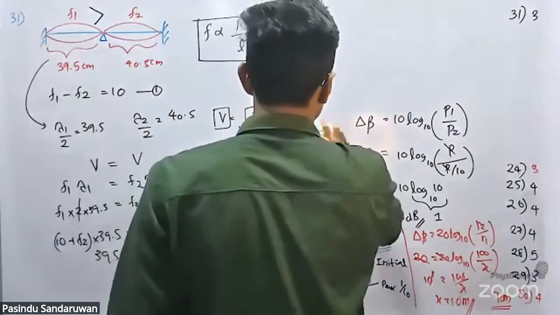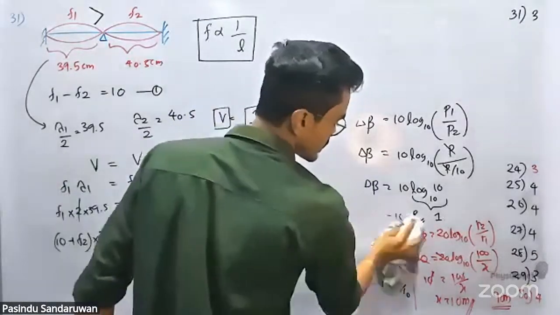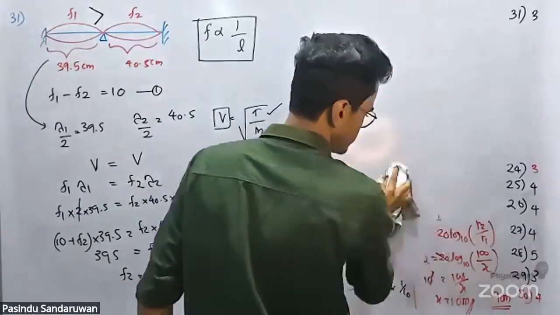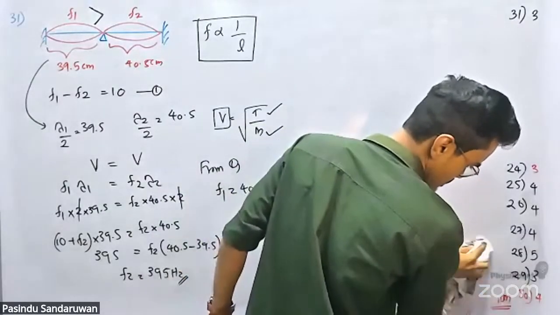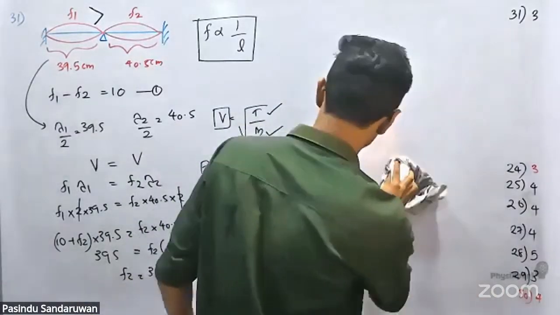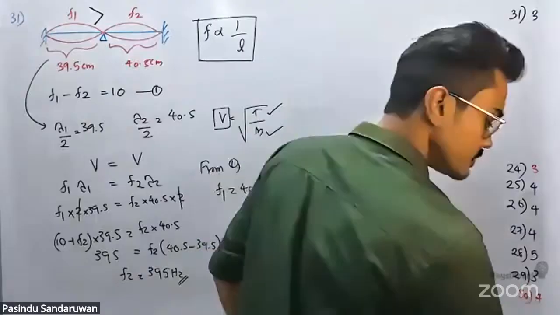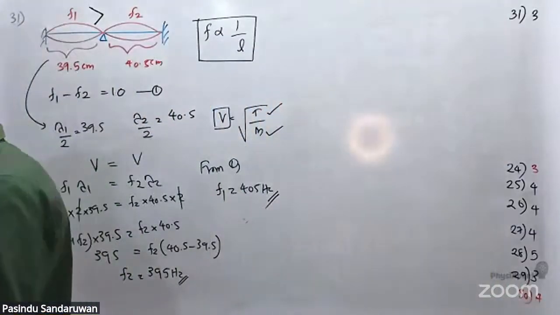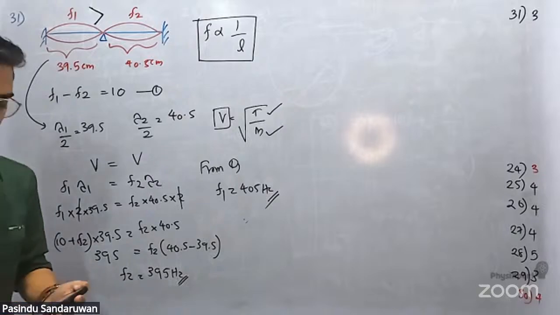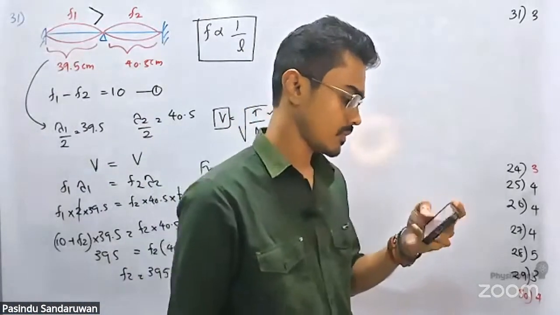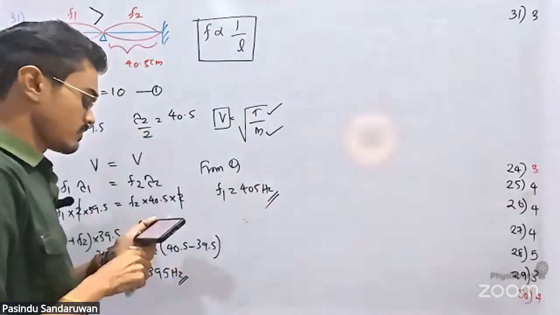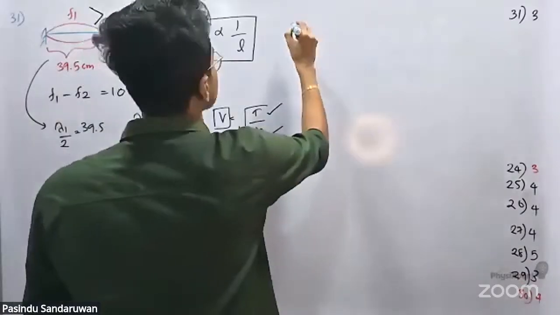Take it down. That is also a good question, a tricky one. 32.